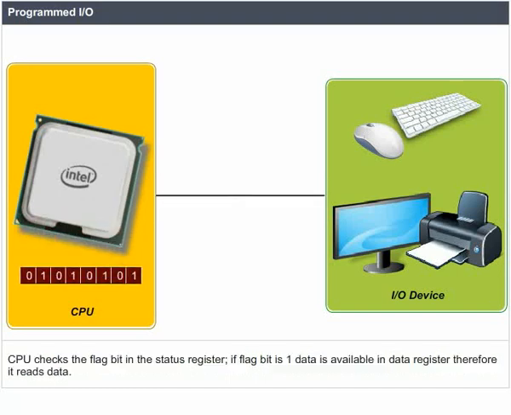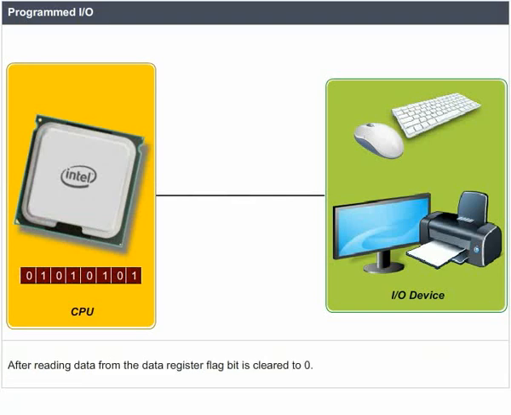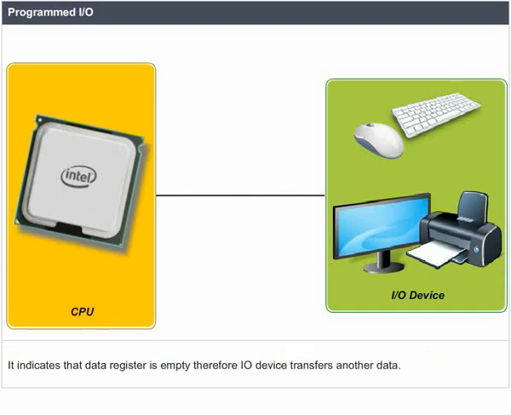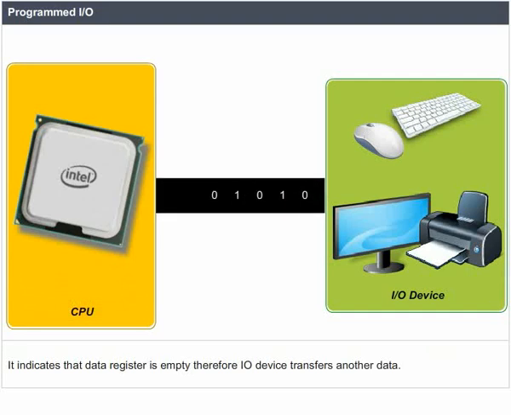The CPU checks the flag bit in the status register. If the flag bit is 1, data is available in the data register, therefore it reads the data. After reading data from the data register, the flag bit is cleared to 0. It indicates that the data register is empty. Therefore, the input-output device transfers another data.